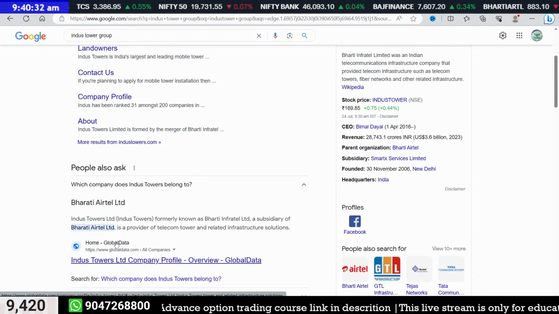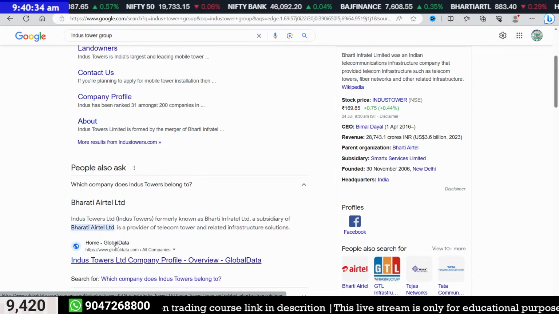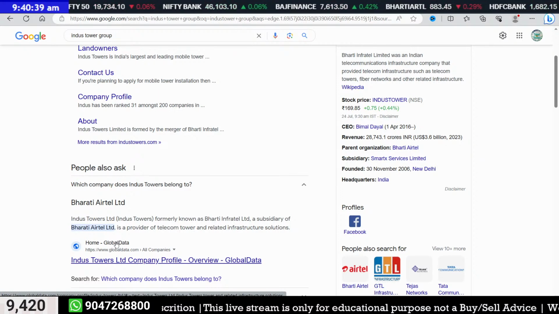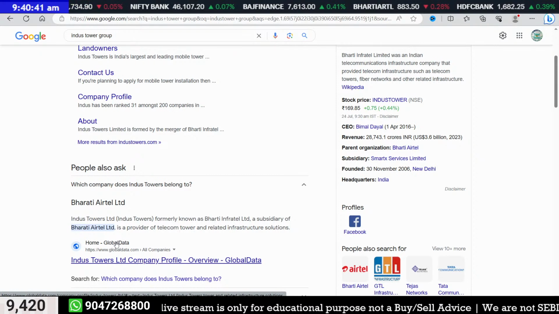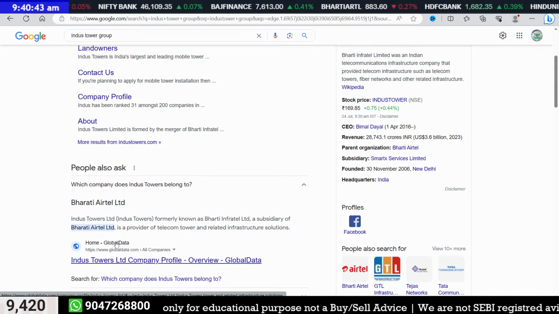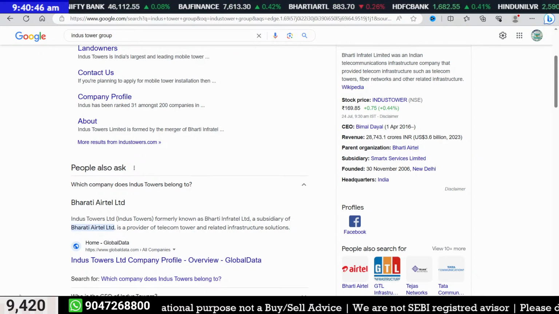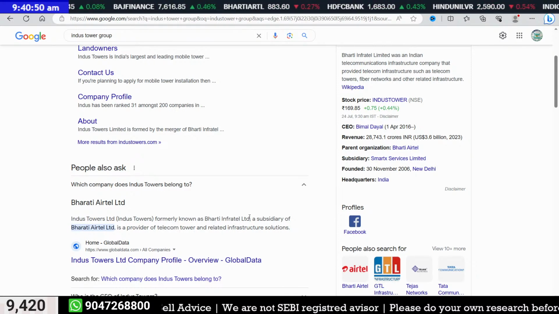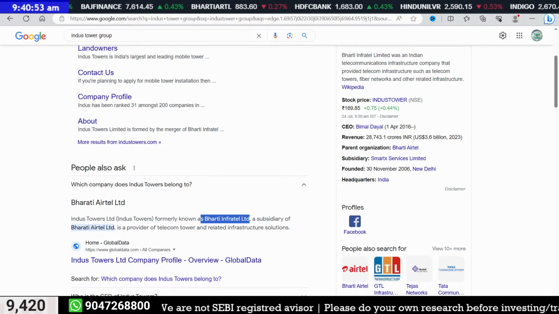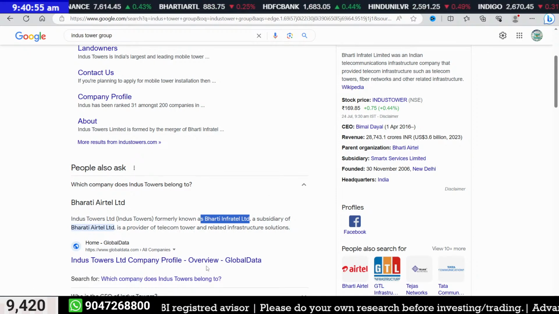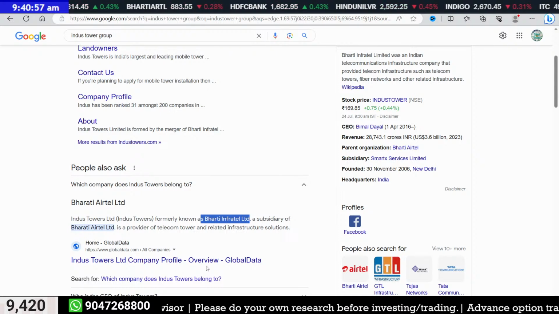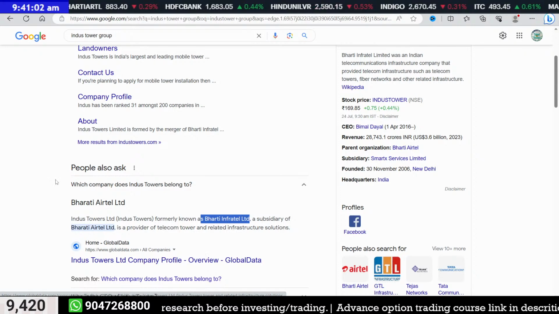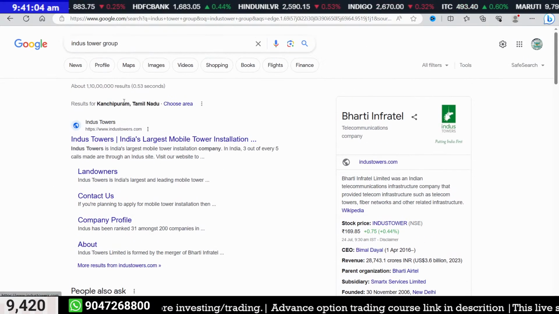I think previously it was about Infratel. The stock Infratel, I think that name was changed to this tower, formerly known as Bharti Infratel. Yeah, right. So it's Bharti Airtel. Okay, so it's not for the REC group. It's about Airtel.